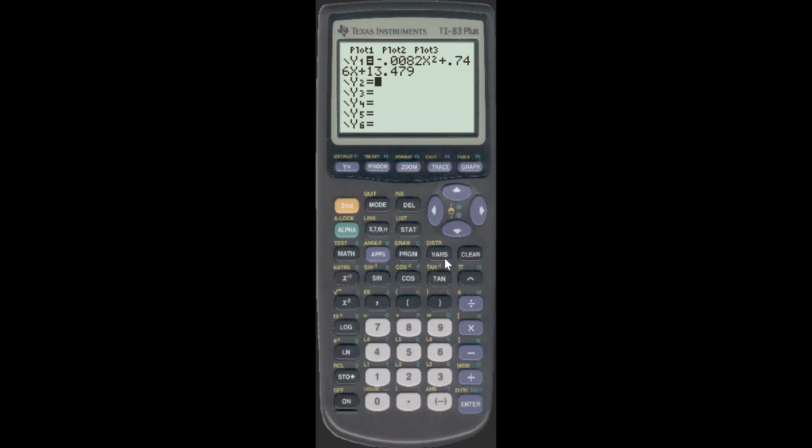It's not making me put the equation down under y1.